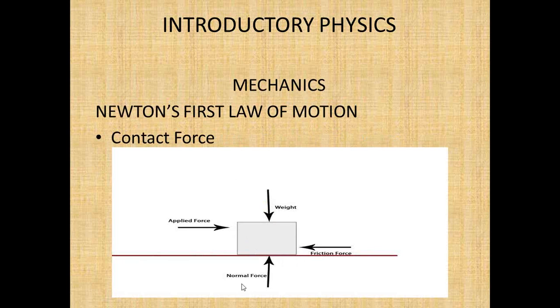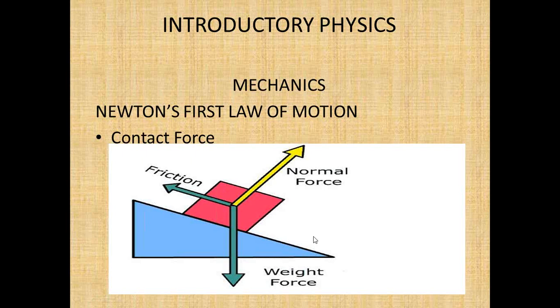So these are the different forces that will act on an object. If you have an applied force, you say you're pushing or pulling, and friction, the normal force is upwards. It's always perpendicular to the surface you're talking about. And then the weight is going to be downward.